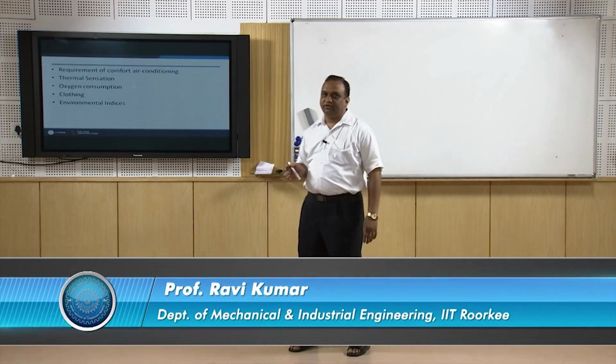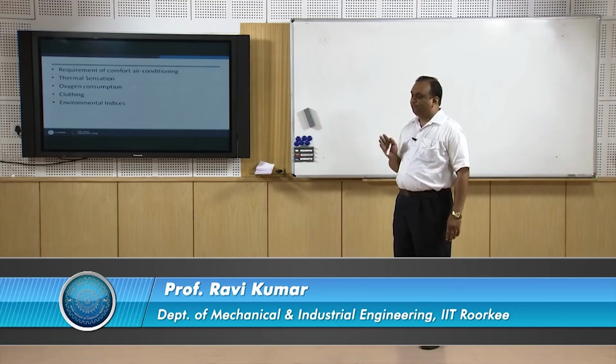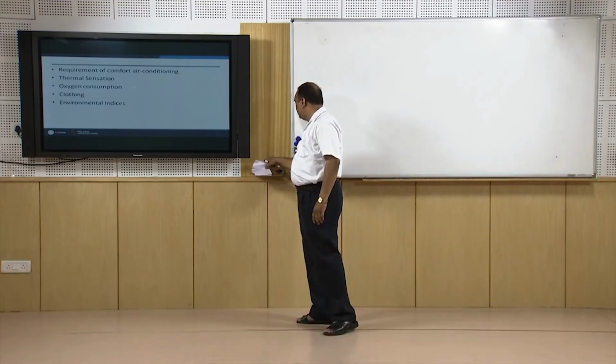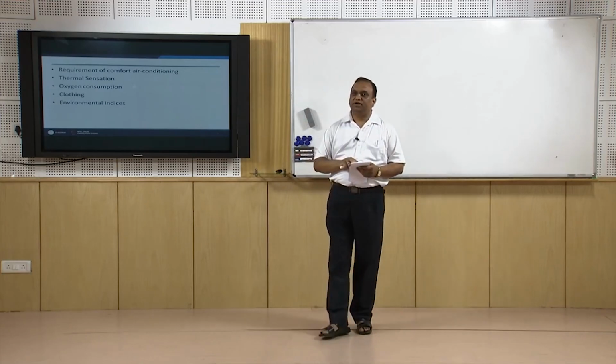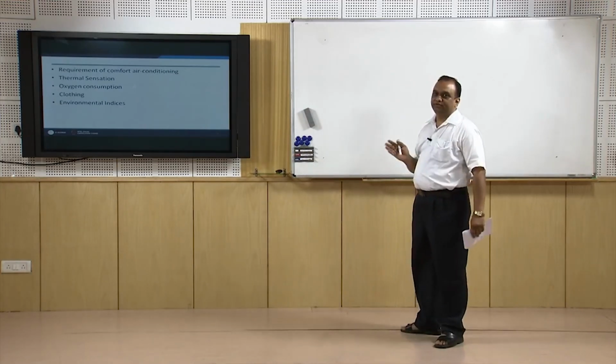Now, thermal comfort is required, as I've told you in the previous lectures also, to increase the working efficiency of an individual. If the efficiency of an individual is maintained, then definitely the production in the industries will increase. That is one thing. Even in the offices, the efficiency will increase if the offices are air conditioned.